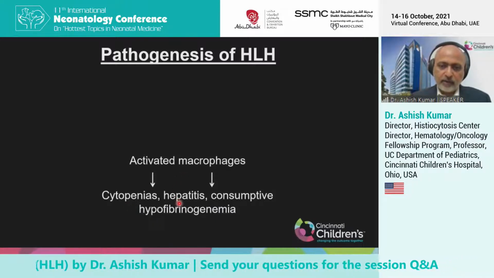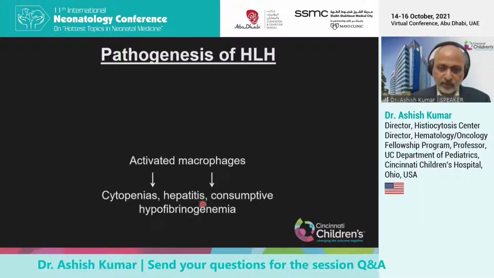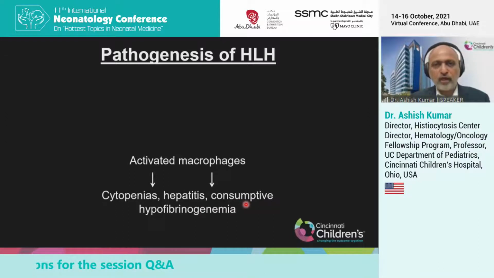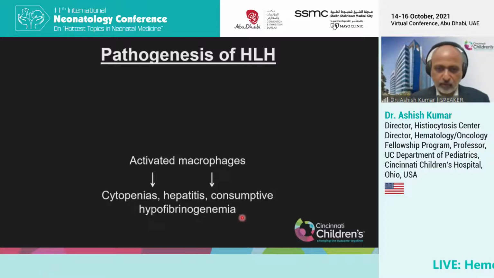The macrophages invade the liver, causing inflammation of the liver, or hepatitis. And for whatever reason, there is a consumption of fibrinogen. So you end up with a consumptive hypofibrinogenemia. So these are the clinical manifestations, which can all be related to activated macrophages.